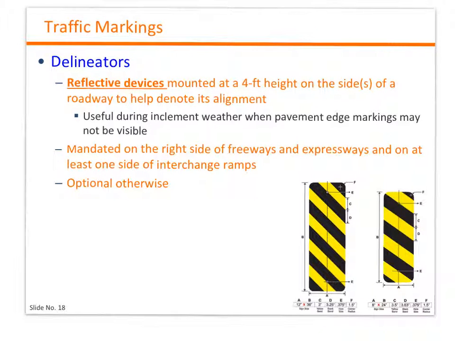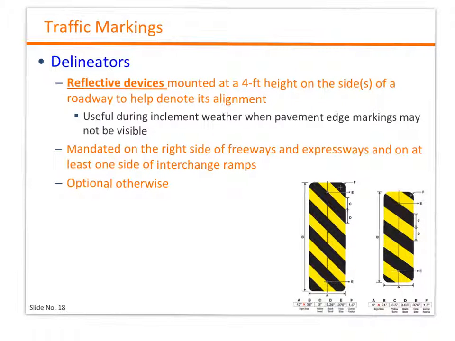Under traffic markings, we also use delineators. Delineators are reflective devices that are typically mounted at a 4 feet height on the sides of the roadway in order to help denote its alignment. So they are very useful during inclement weather when the pavement edge marking may not be visible. In so many cases, if it's a snowy condition, we don't know where exactly the road is, so those delineators are going to let us know where to go.